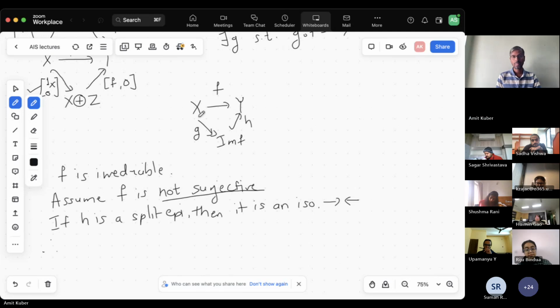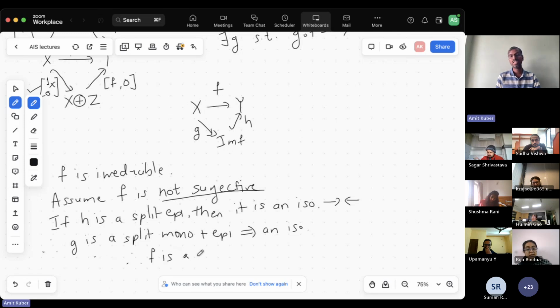Therefore, G is a split mono. And a split mono plus an epimorphism means an isomorphism. Which means that this is an isomorphism followed by an inclusion, which means f is a mono.